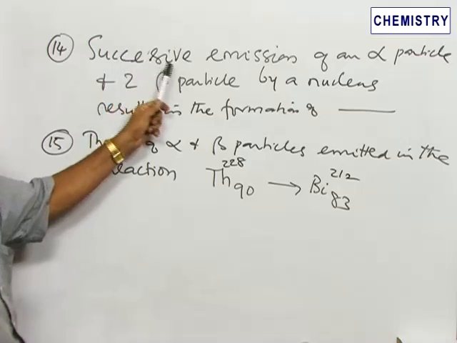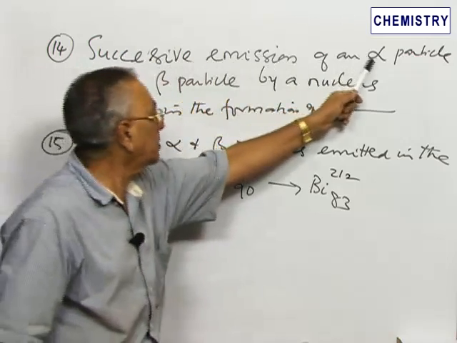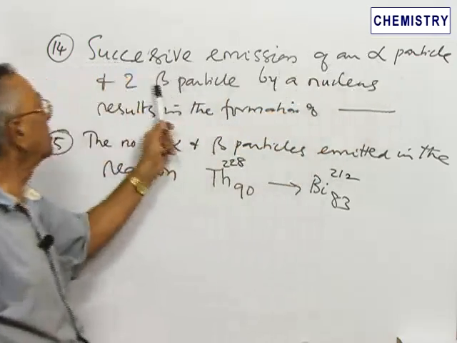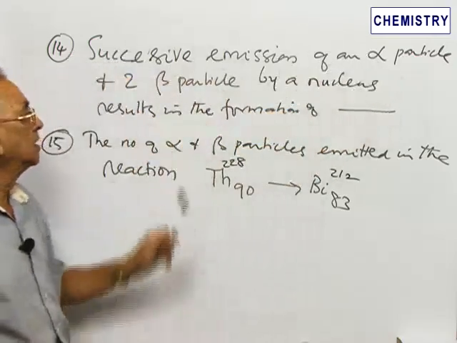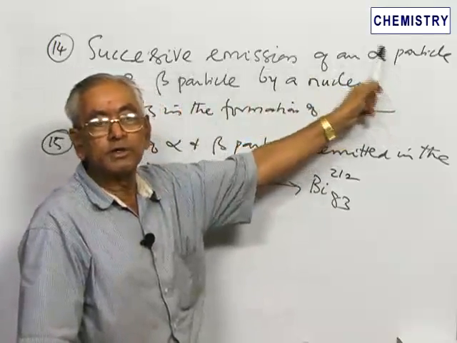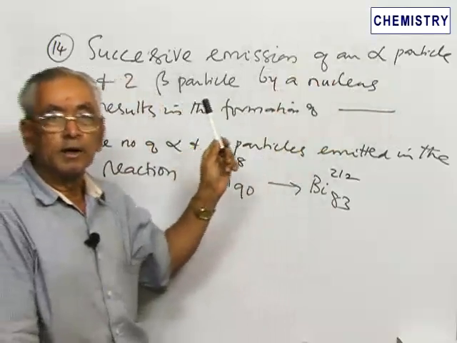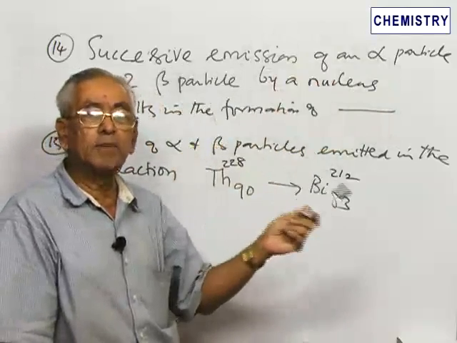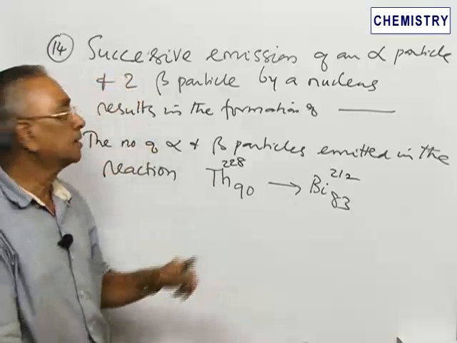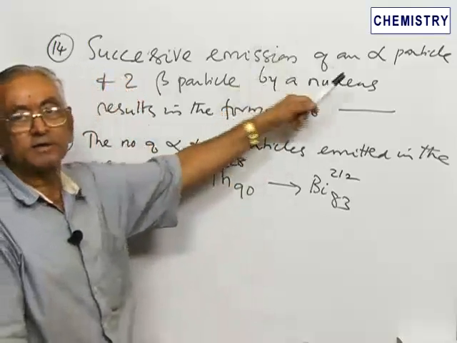successive emission of one alpha particle and two beta particles by a nucleus. If an element loses an alpha particle, it goes back by 2 units in position, and the mass is lost by 4 units.